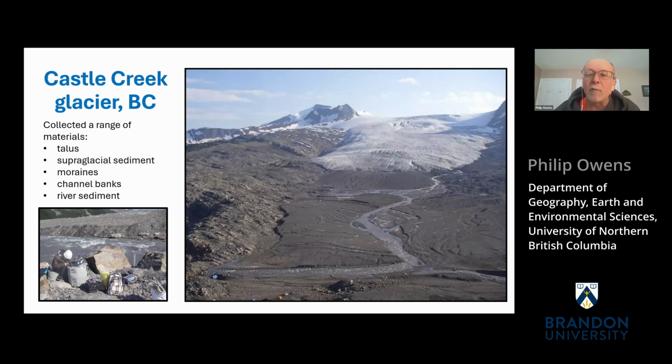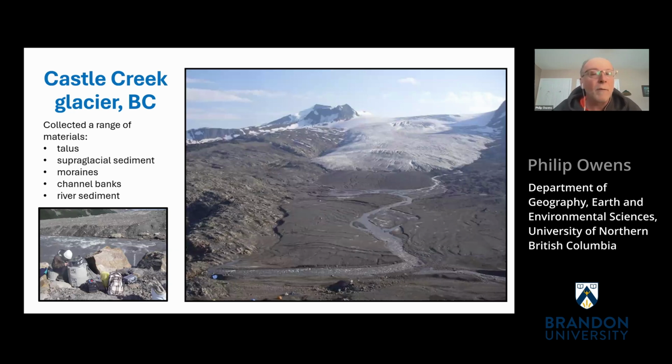And then you can see that there's a river coming out of the glacial snout, and it's flowing down past our tents. In this case, it flows into the Fraser River, which is the largest river system in British Columbia. It's about 230,000 square kilometers. That river comes out of the Rocky Mountains near Mount Robson, flows past Prince George, and then goes southwards and joins the Pacific Ocean in Vancouver.